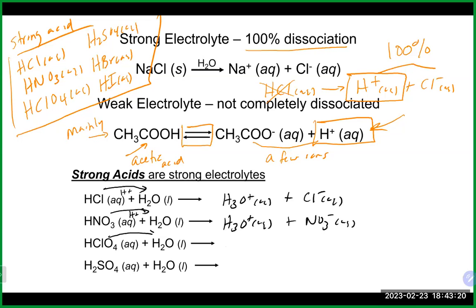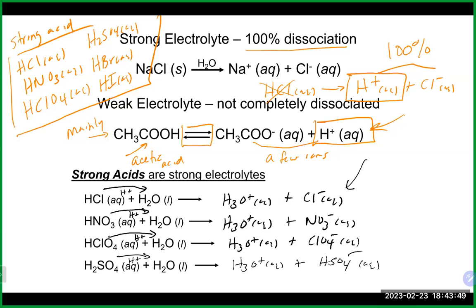This guy is sending its H plus over. We'll get H3O plus and some perchlorate. And this guy's sending it over. We will get H3O plus and a little HSO4 minus. So in solution, pretty much 100% of what we have will be what's on this side.